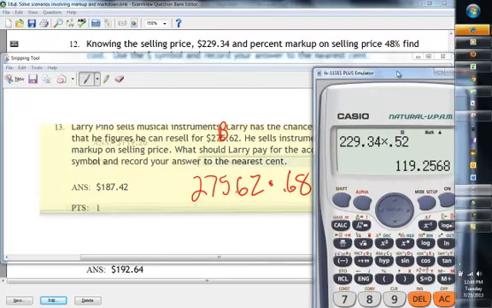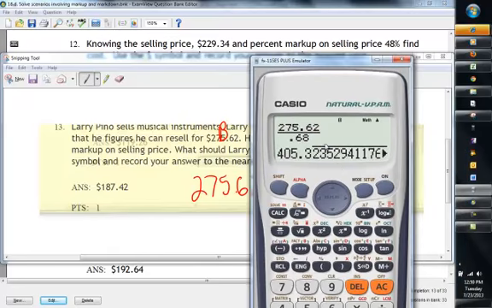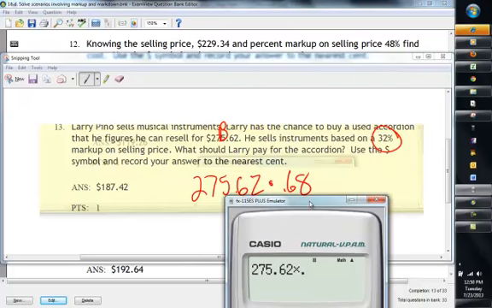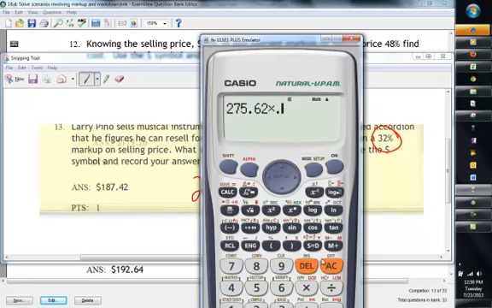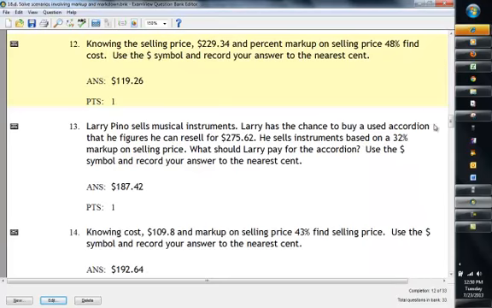Calculator. 275.62 over 0.68 gives us 100. What did I do wrong now? Times 0.68. 275.62 times 0.68 is 187.42. Next one.